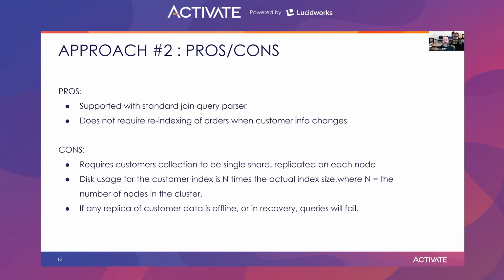And one of the other major drawbacks in this approach is that if any one of the replicas of that customer data was offline or in recovery for whatever reason, then queries to that node would actually fail because the shard, or the core, that they want to join to was not necessarily active.